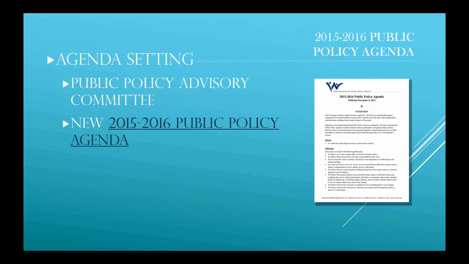There's an image there of the new public policy agenda. You can click on the link when you're able to access the PDF version of this webinar, and that'll take you to the agenda. The agenda is also available on our state public policy web page, and there's a link to that also at the end of the webinar.